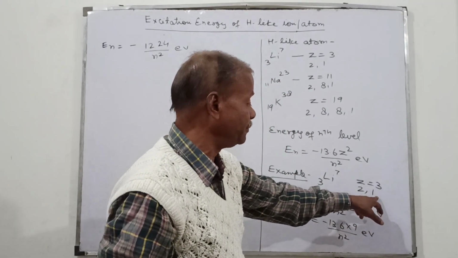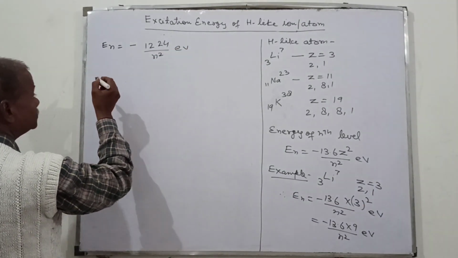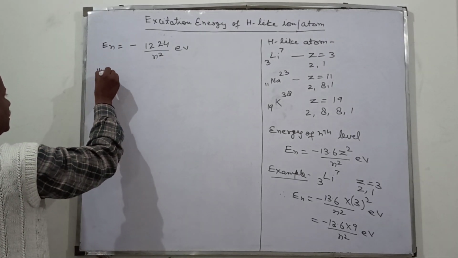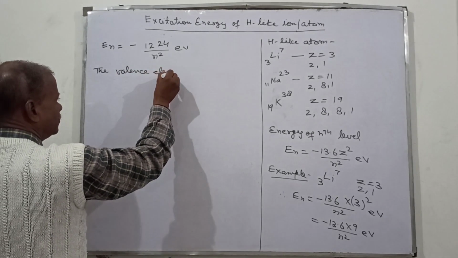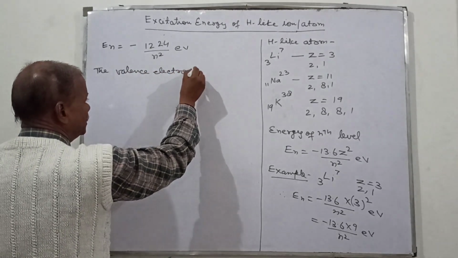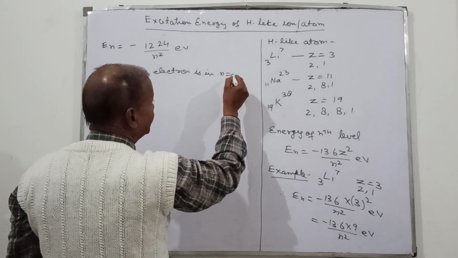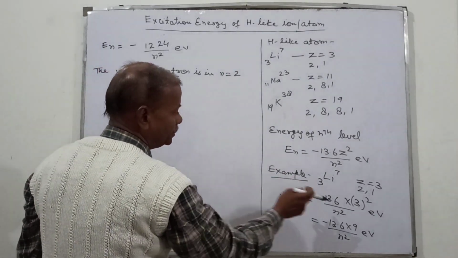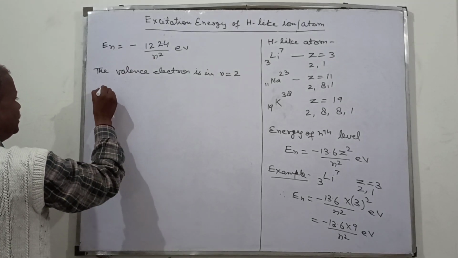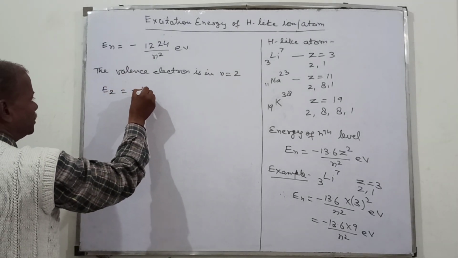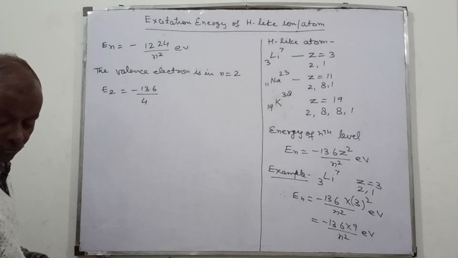So this electron will be excited. The valence electron is in n equal to 2. So for n equal to 2, we will put it in: E2 equals minus 13.6 upon 4. No, this is not so much.